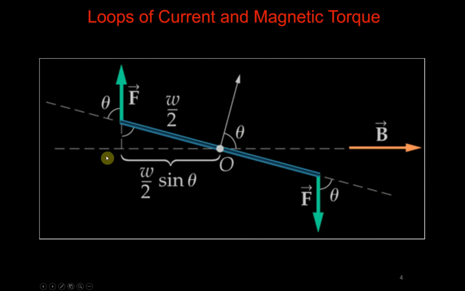That force will vary as the loop spins, but as you can see, it will generate a torque at the center, a twisting force here in the middle. And that's what you need to look at if you're unsure: go back to mechanics and take a look at the definition of torque. There'll be a couple of points during this slide set where I'll reiterate what torque is from a mechanics point of view, but it might not hurt to take a quick look back at that if you're unsure.